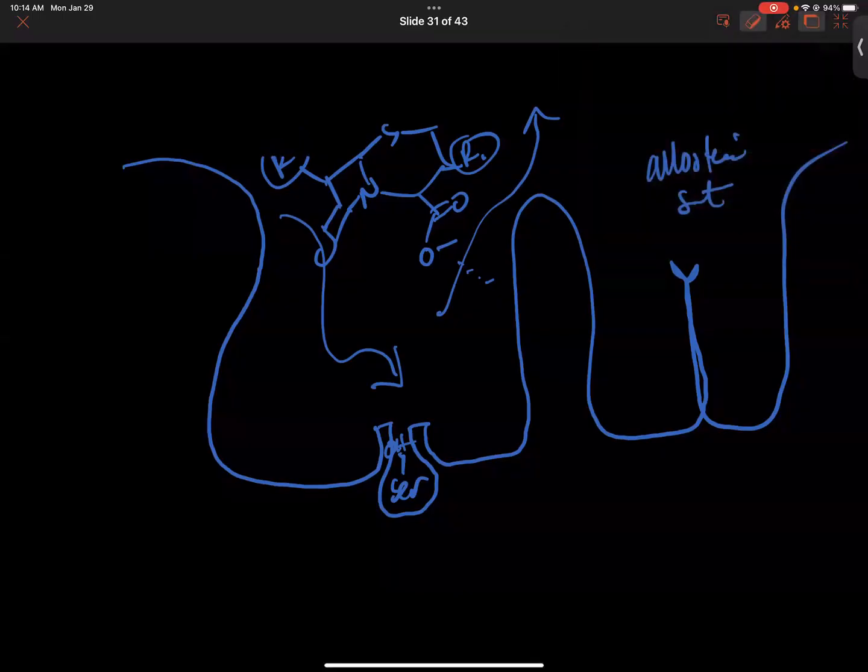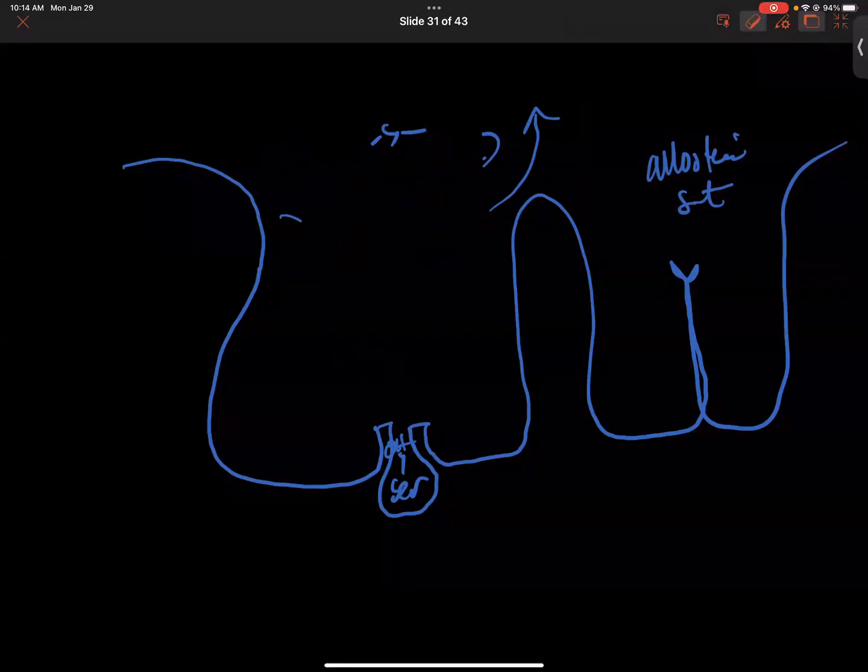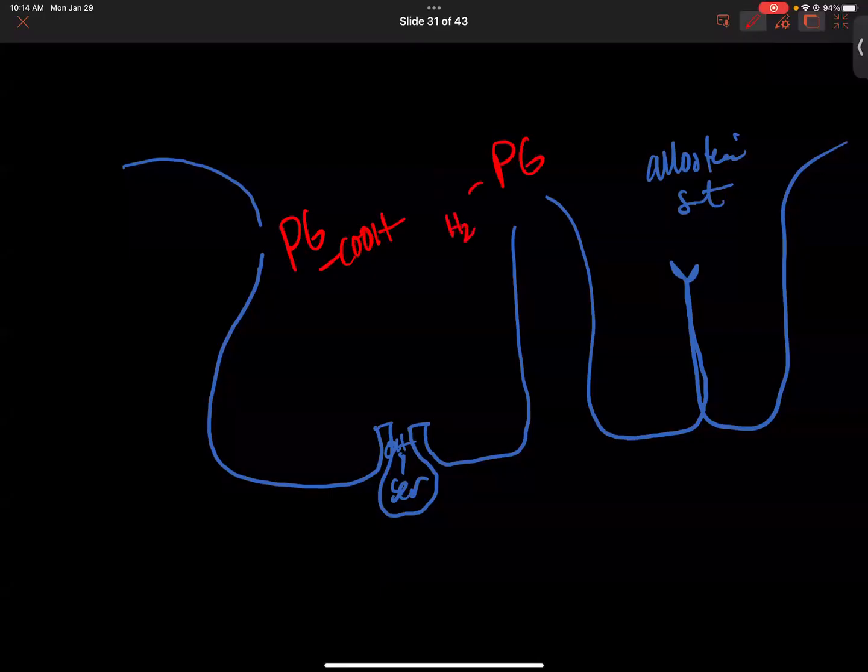If peptidoglycan is coming in, peptidoglycan has the ability to trigger this allosteric site. And when that happens, the serine residue pops up.